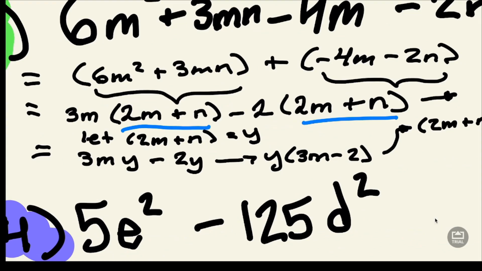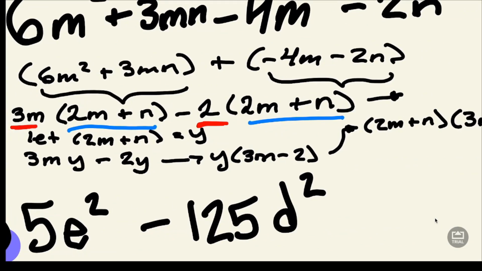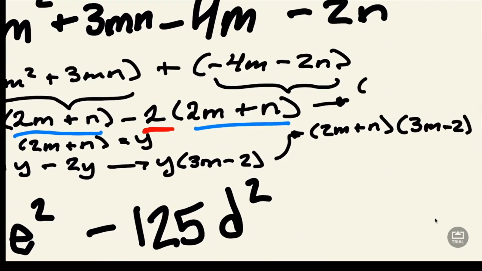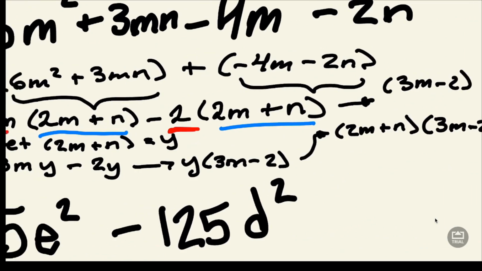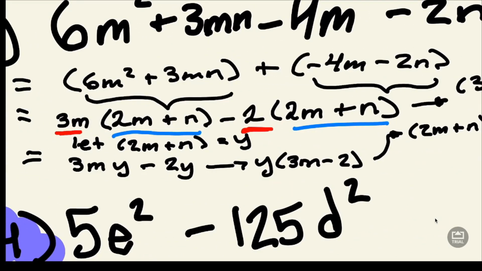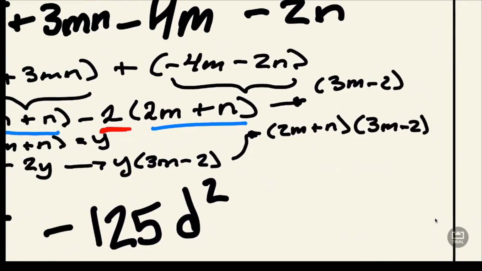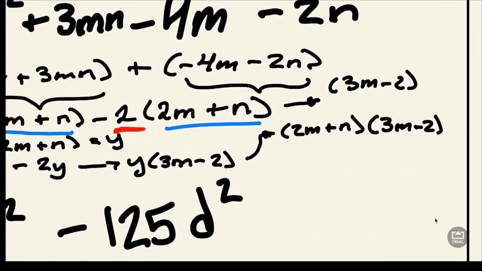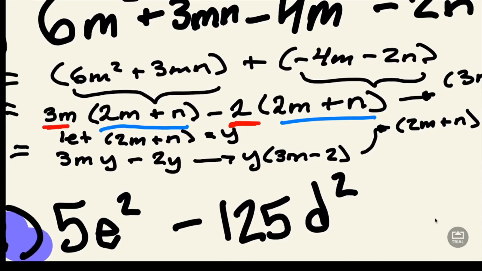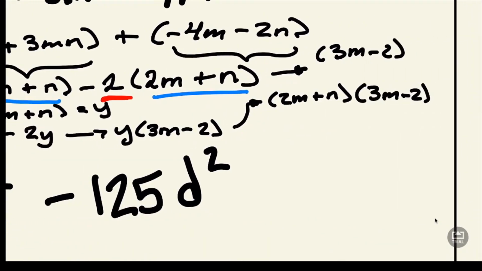What you can do is take this term and this term, and rewrite it as one bracket of 3m minus 2, because you already know that 2m plus n and 2m plus n are common to both of them. So if you wanted to factor out 2m plus n, it would be 3m minus 2 and then 2m plus n.